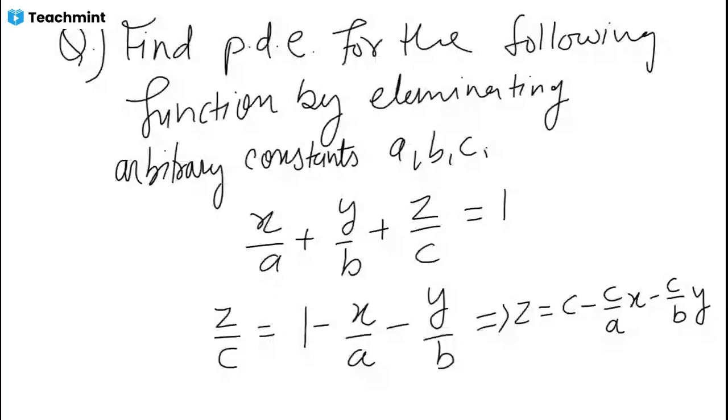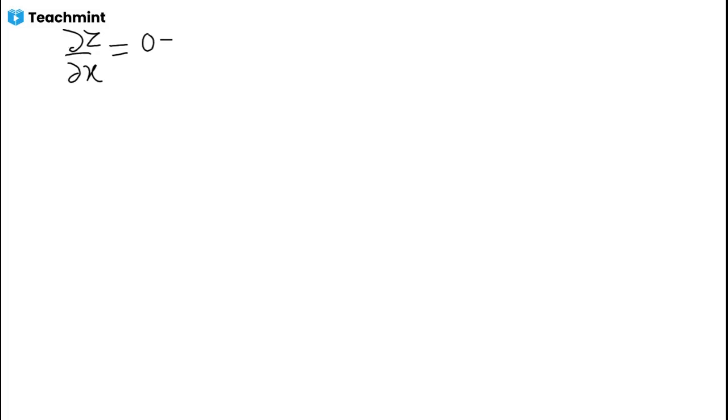So del z over del x is equal to 0 minus, and we have here only minus c over a, and this term also 0. So obviously we can write it directly also. So p is minus c over a, right?